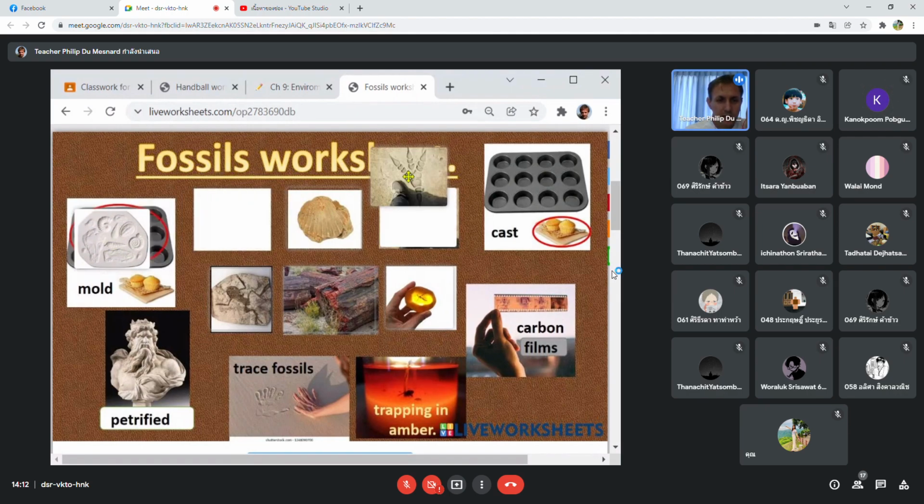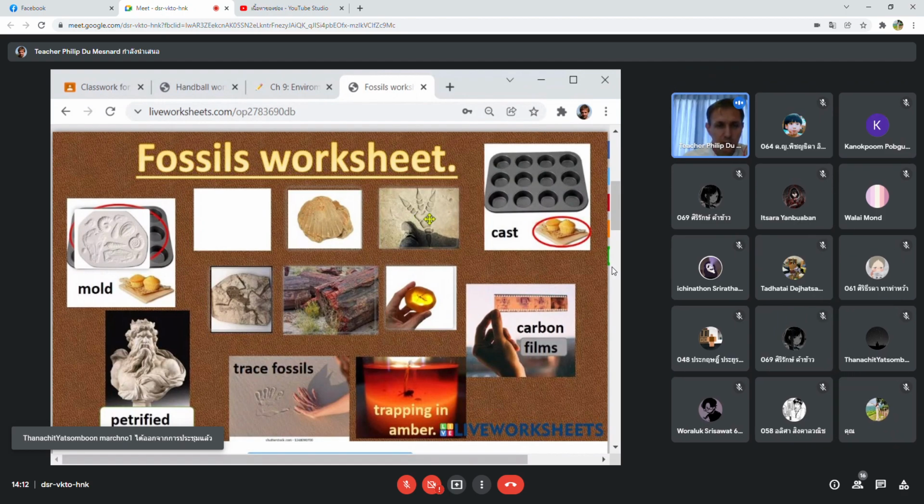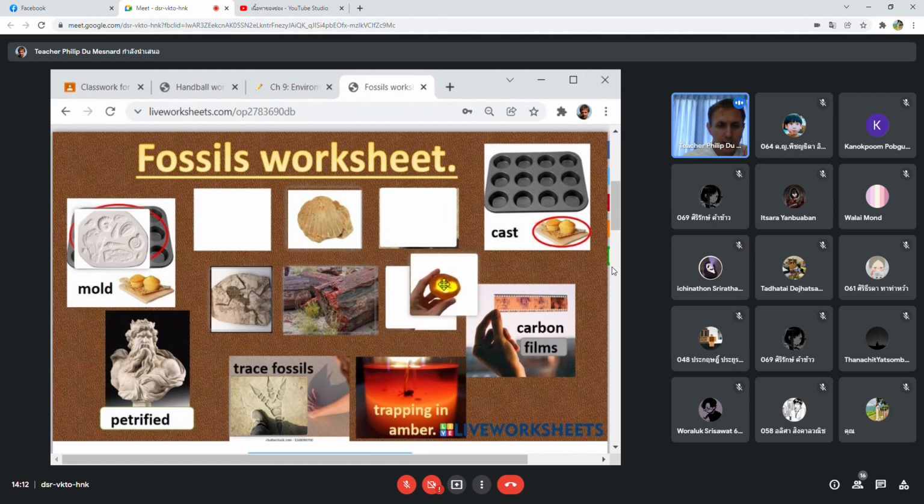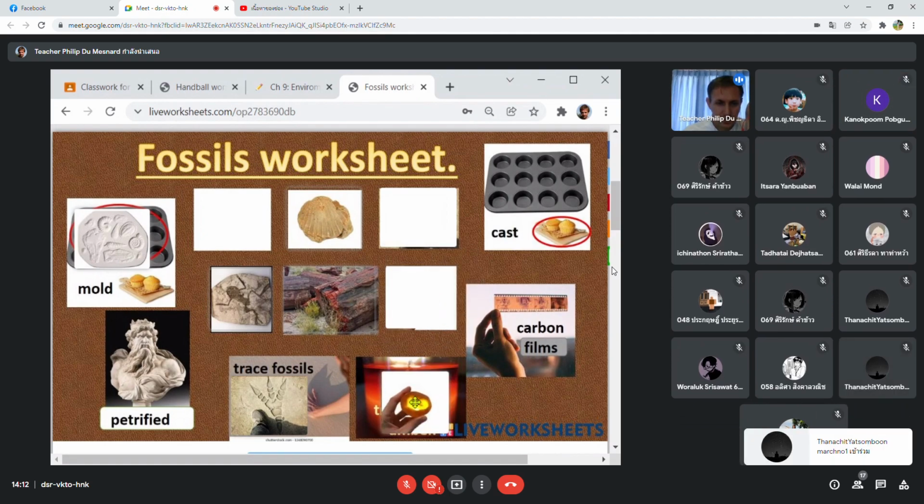Okay, here we have something that looks like a footprint. Trace fossil. Yeah, good job. And here we have something that looks like candle wax, but it's orange. And it's a mosquito. Amber. That's it, trapped in amber.